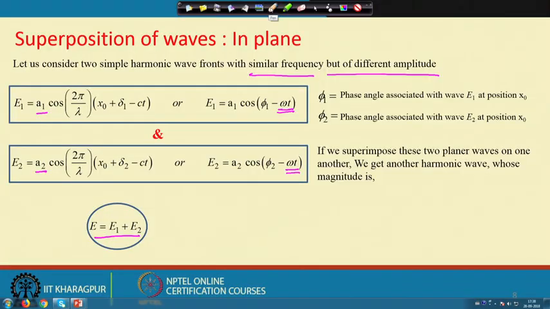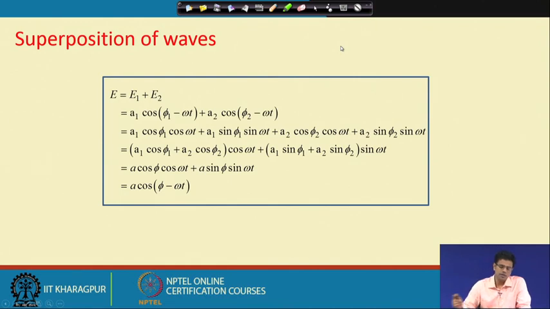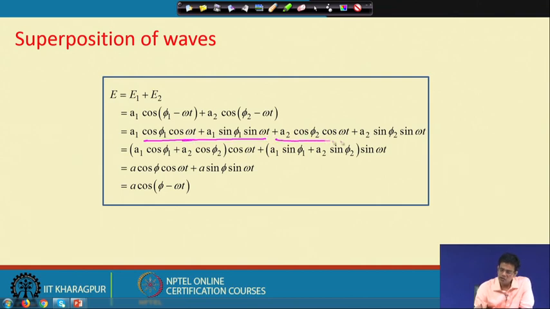So, we can write A1 cos(phi 1 minus omega t) plus A2 cos(phi 2 minus omega t). If we expand it in trigonometric functions and write it in a cos omega t and sin omega t form, this becomes A cos phi and this becomes A sin phi.